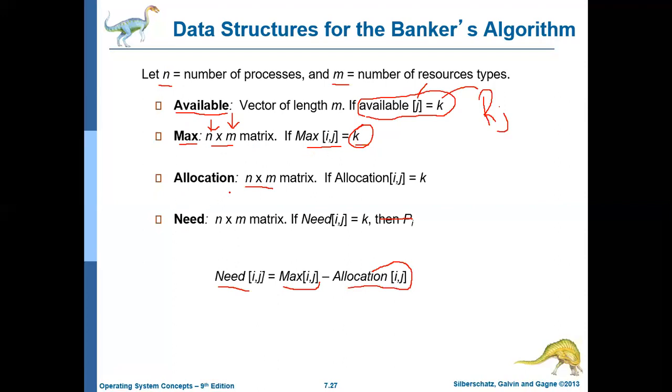Allocation represents how many instances of each resource are currently allocated to each process. And need represents how many instances of each resource will be required in future by each process. And always need of i comma j will be equal to max of i comma j minus allocation of i comma j.